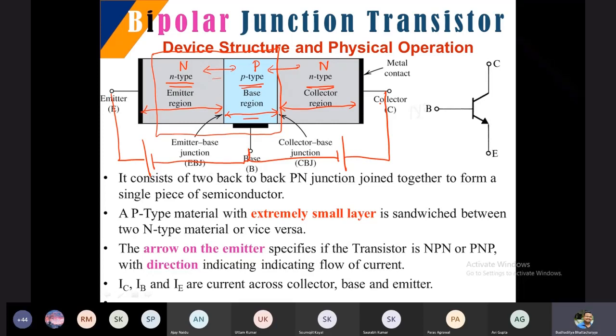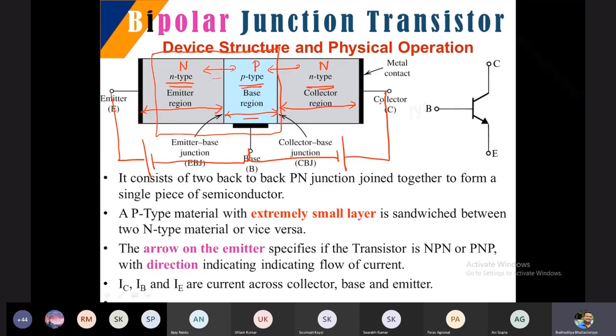Is it not the case? When we look at this structure, can we say there are two diodes working together? Not exactly diodes, but we are just imagining it, and they have been given a supply voltage.